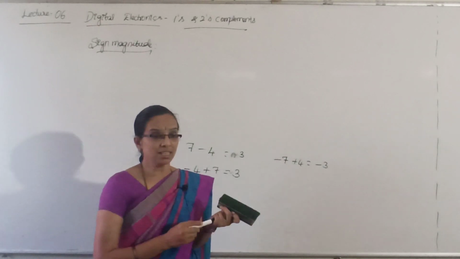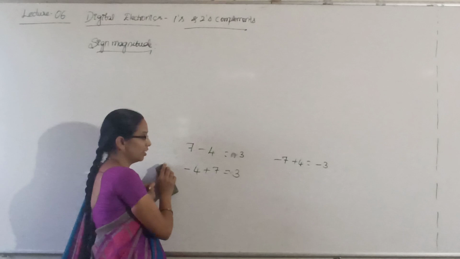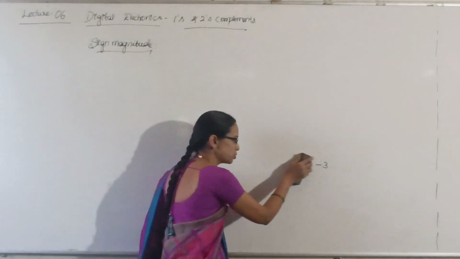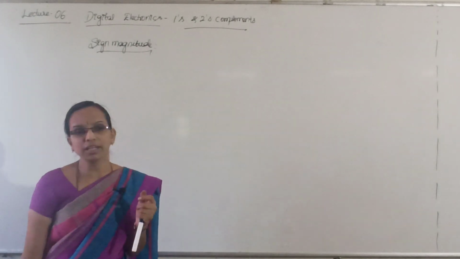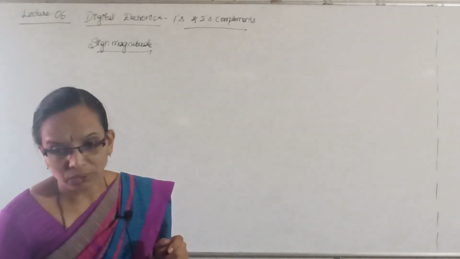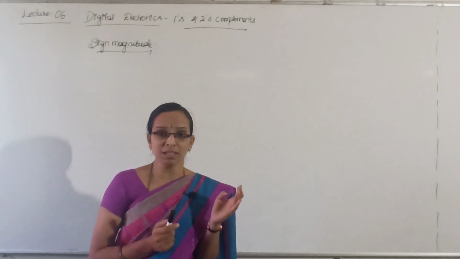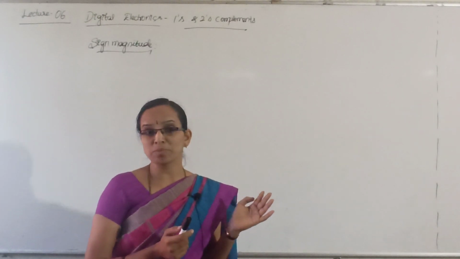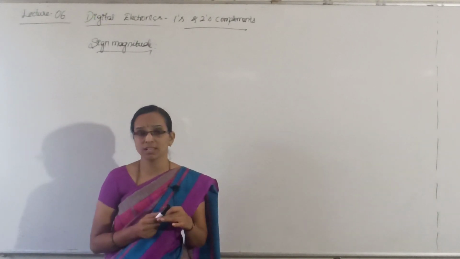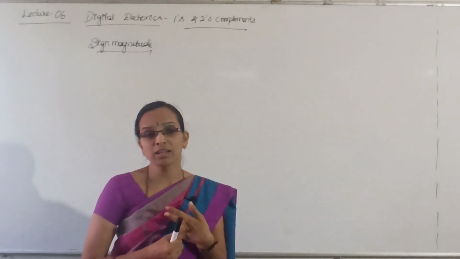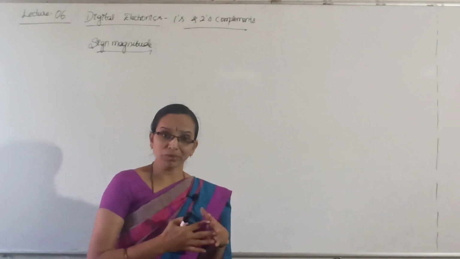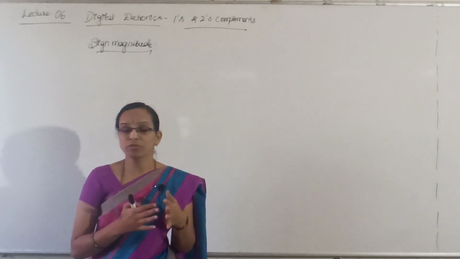Signed numbers always refer to negative numbers, negative integers. So in decimal, plus and minus signs are used to represent whether it is a positive number or negative number.